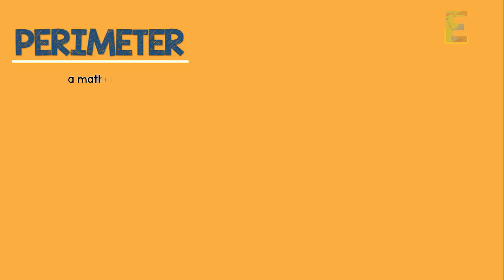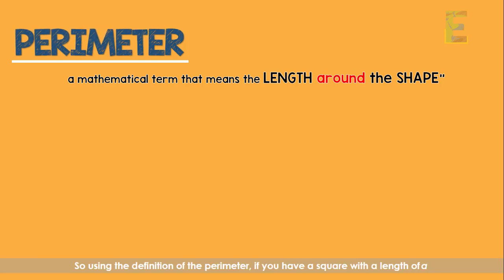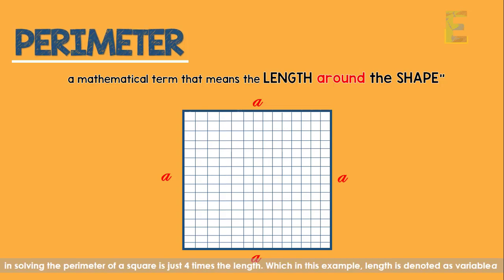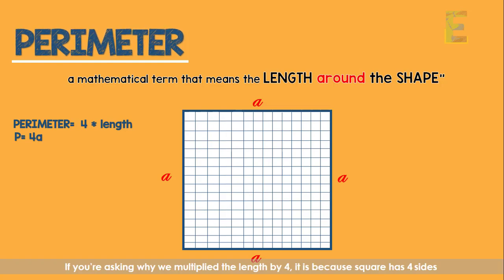Perimeter is a mathematical term that means the length around the shape. So using the definition of the perimeter, if you have a square with a length of, let's say A, and we all know that a square has equal sides, therefore we can conclude that the formula in solving the perimeter of a square is just 4 times the length, which in this example is denoted as variable A. If you're asking why we multiply the length by 4, it is because a square has 4 sides.